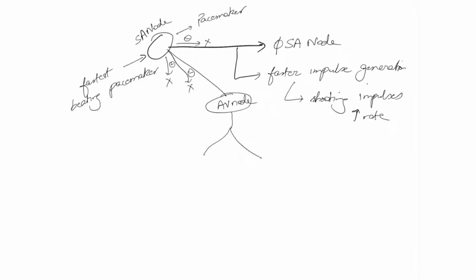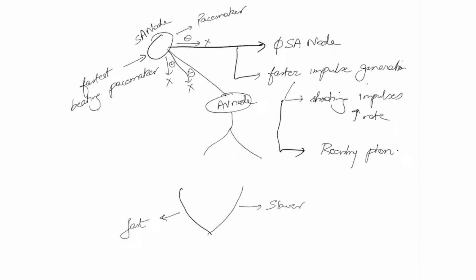A second thing that could happen is something called the re-entry phenomenon. Think about it this way. It is possible that within the heart, there is a conduction pathway that is relatively fast and another conduction pathway that is slower.